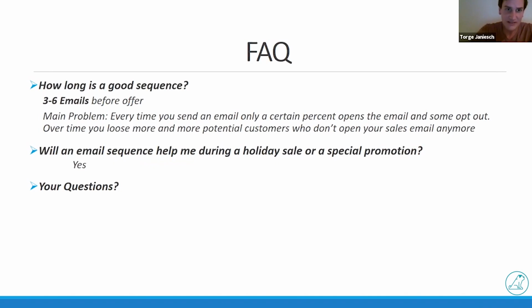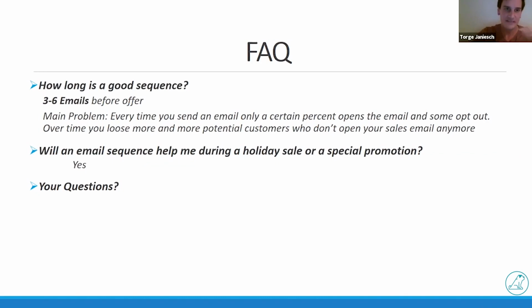I said it already. The main problem is that over time, let's say 1,000 people get an email, 60% open it. That's 600 people who open that email. They will get the next email. 60% open this again. That's only about 400 people who get the next email, and the next and the next, and at the end of the day, there are only like 100 people getting your offer.